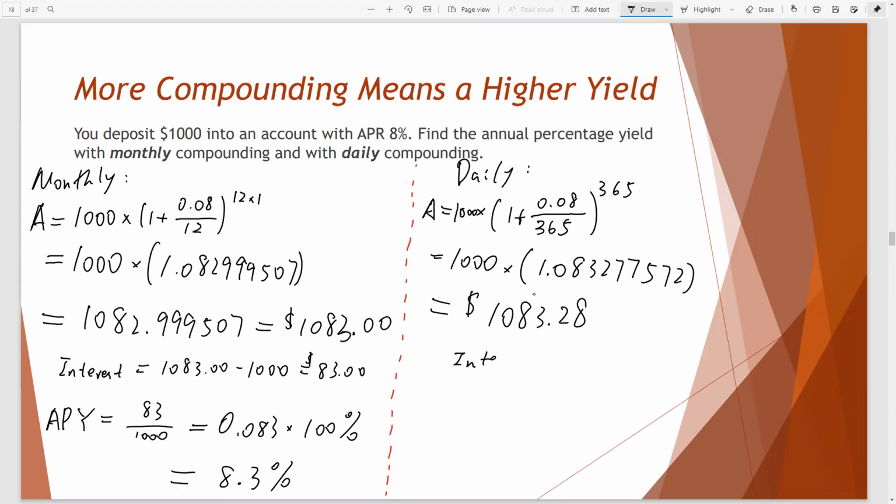And then the interest is $83.28, the same idea as the accumulated value, take away 1,000.